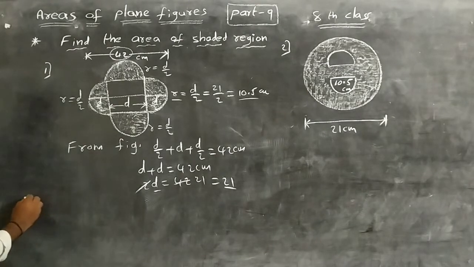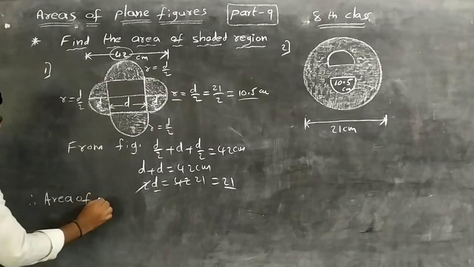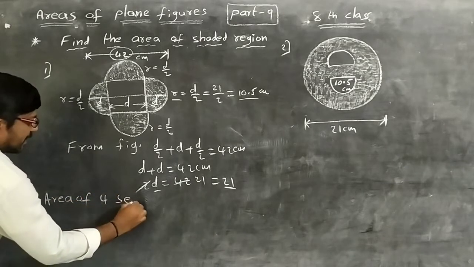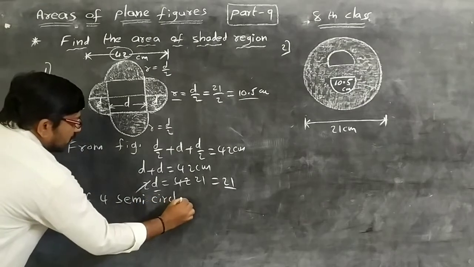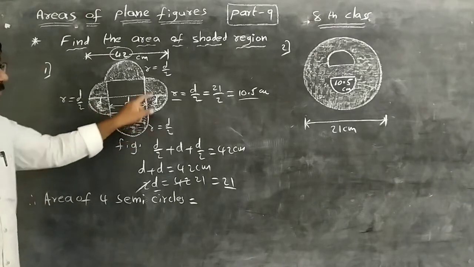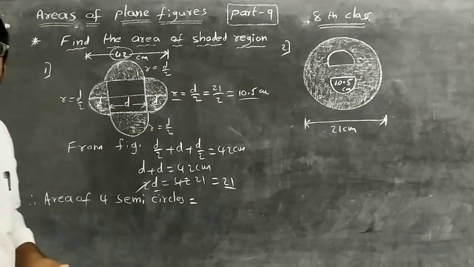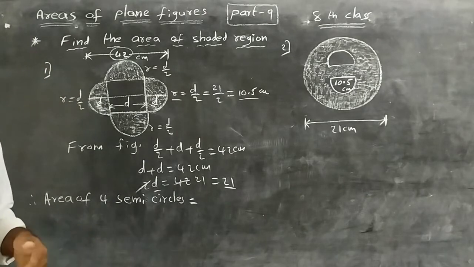Therefore, the area of 4 semicircles: the 4 semicircles are congruent semicircles. 4 semicircles give 2 circles.